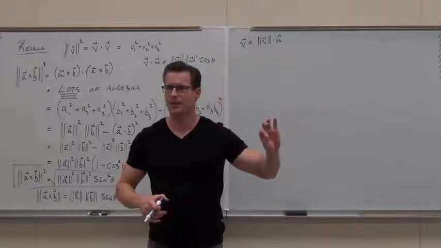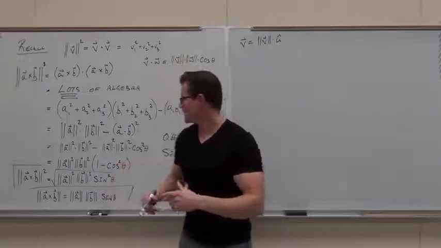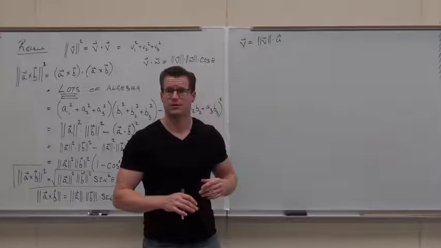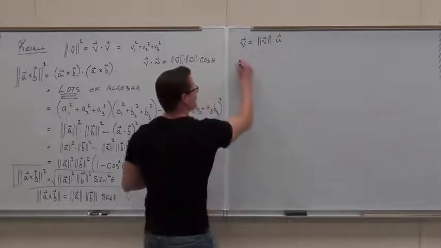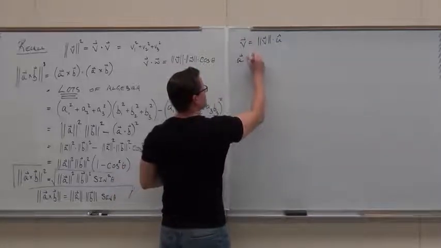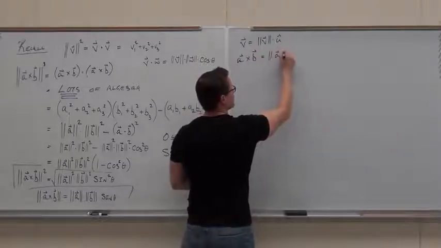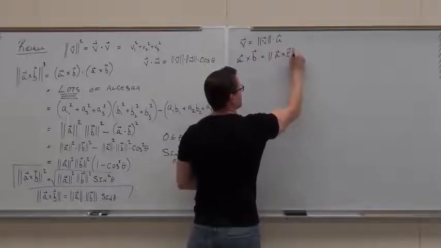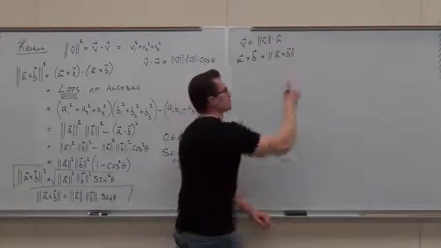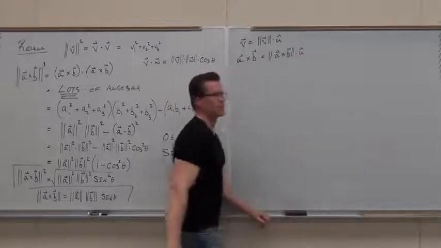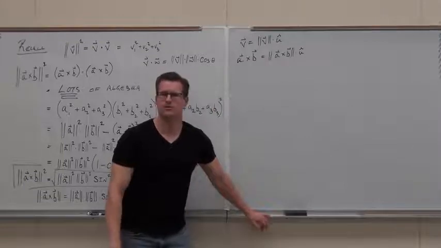So wait a minute. Is A cross B a vector? Yes. Then A cross B can be written as the magnitude of the vector times the direction of the vector.